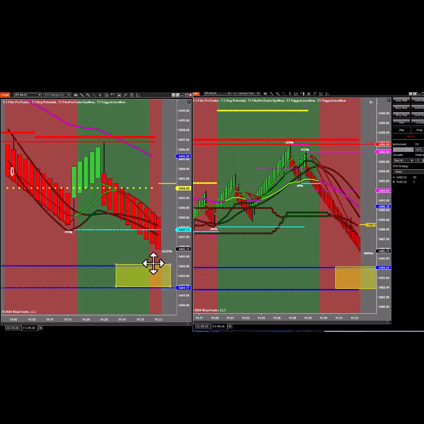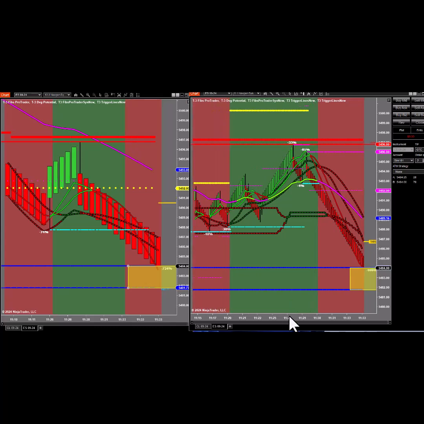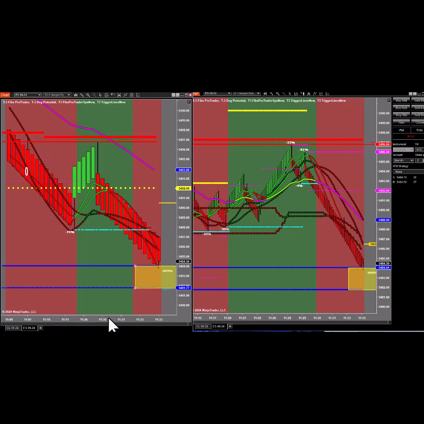Anyway, this is what they call finishing the business. They run back up to get a higher starting spot, then they run down to go finish the business. Not an easy trade in there at all. It did exactly what it said it was going to do, at least from a chart reading standpoint.